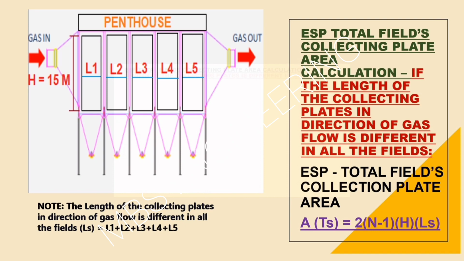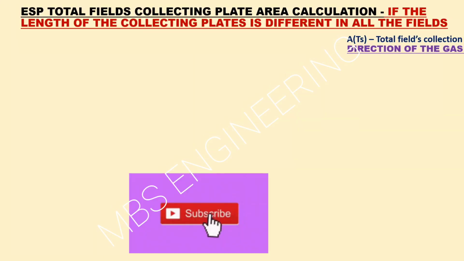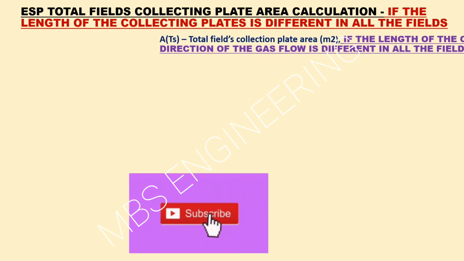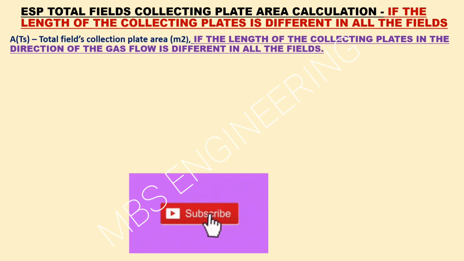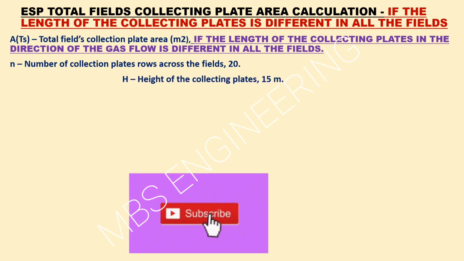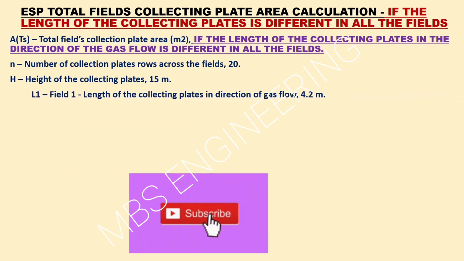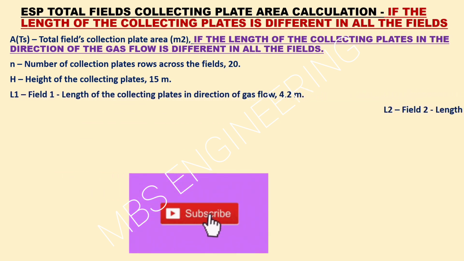Next, we are going to understand the ESP total fields collecting plate area calculation, if the length of the collecting plates in gas flow direction is different in all the fields. Given data: N, the number of collection plate rows across the fields, is 20. H, the height of the collecting plate, is 15 meters. L1, the field 1 length of the collecting plates in the direction of gas flow, is 4.2 meters.